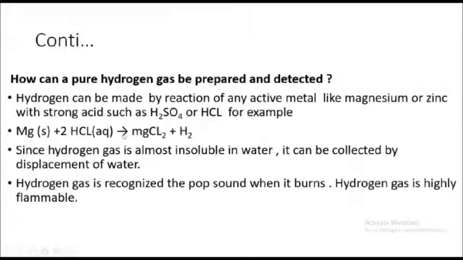The arrow indicates that the reaction is completed. The products will be magnesium chloride plus a hydrogen molecule. This hydrogen is pure hydrogen, an element, because it is not part of a compound; it is displaced from the reaction.